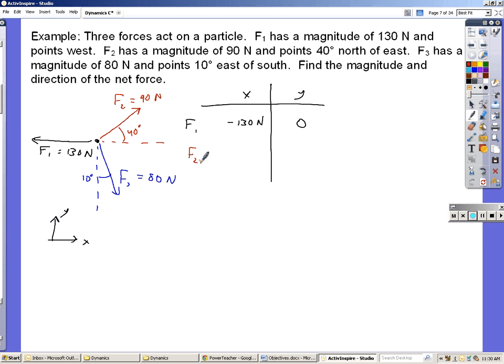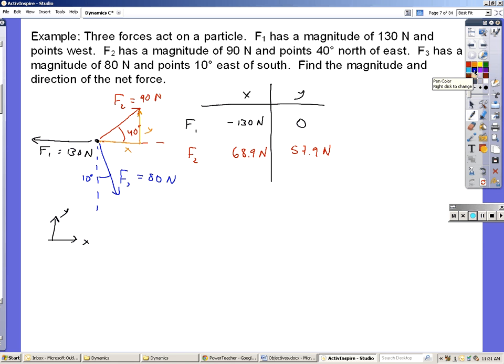For F2, we'll have to do some trigonometry. So we've got its x and y components, and its x component is clearly adjacent to the 40-degree angle, so we'll use cosine. And we find that it has an x component of 68.9 newtons and a y component of 57.9 newtons.